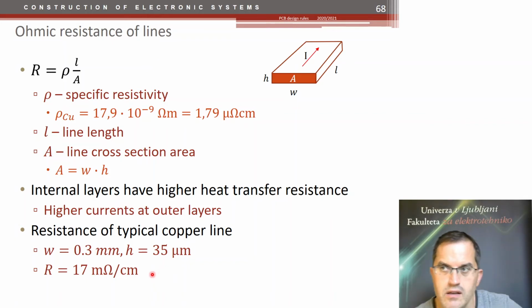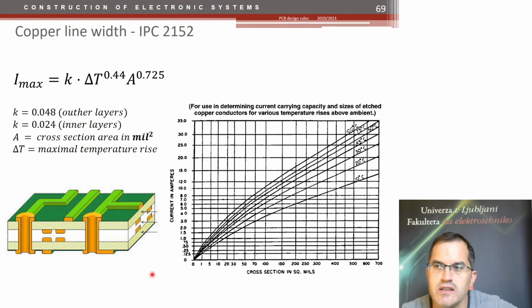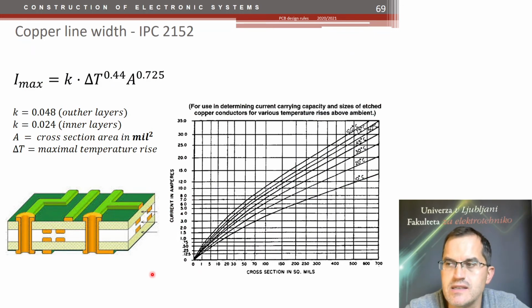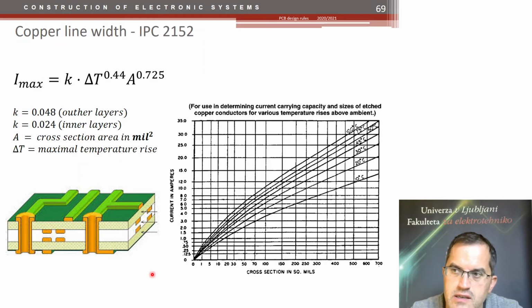Well, is that a lot? Well, it depends. Let's go into the standard. These standards will tell us what is the required cross-section for a certain current so that, due to resistive losses, the line would not heat too much.